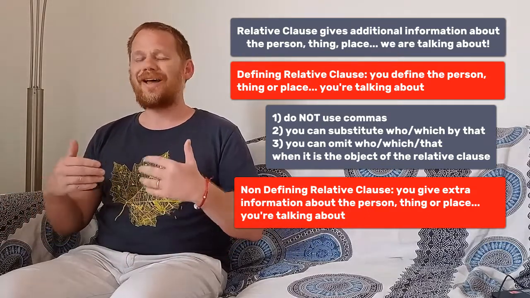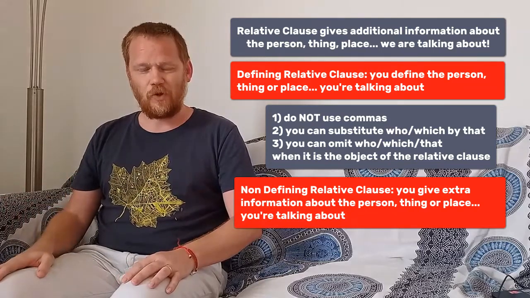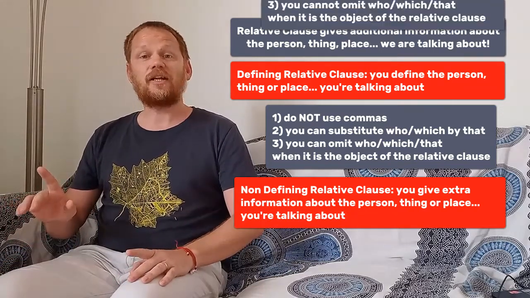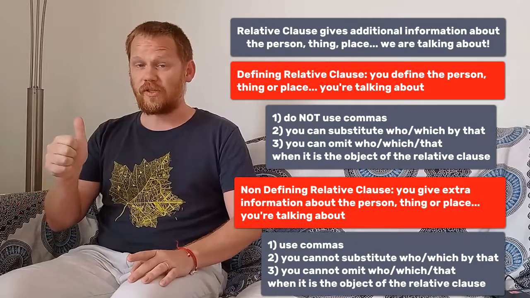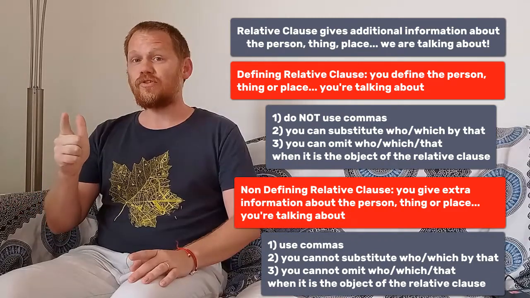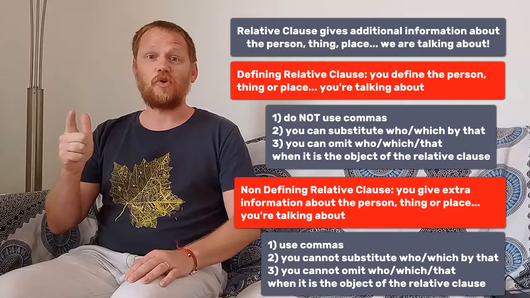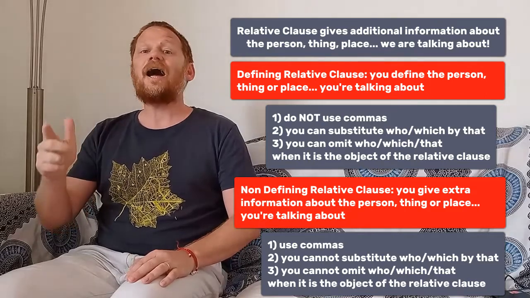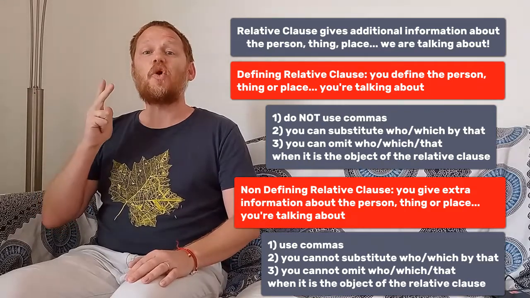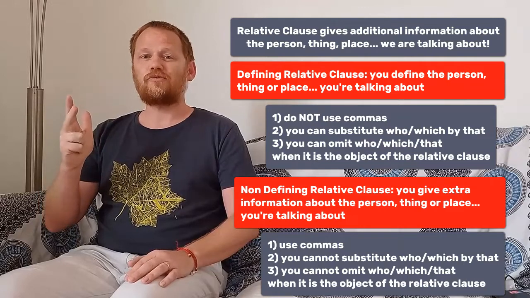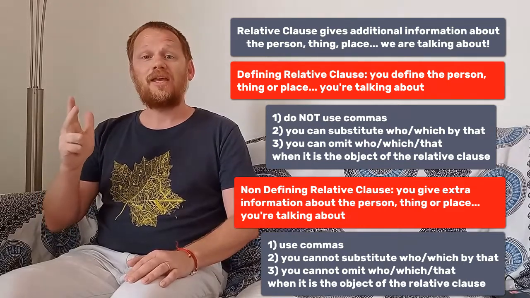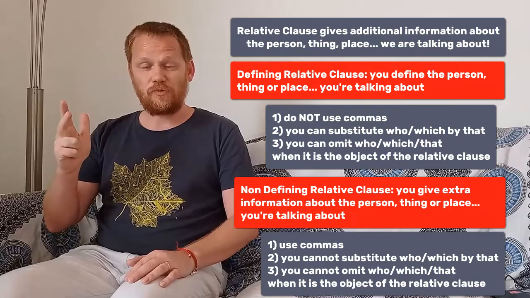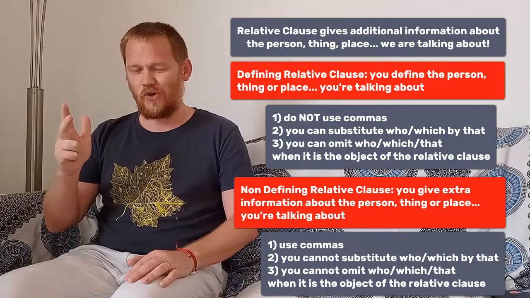This is just extra information, okay? And in such case, remember to use commas. You can never use that to substitute who or which. And lastly, you always need to use your relative pronoun, even if it is the object of your relative clause, okay?